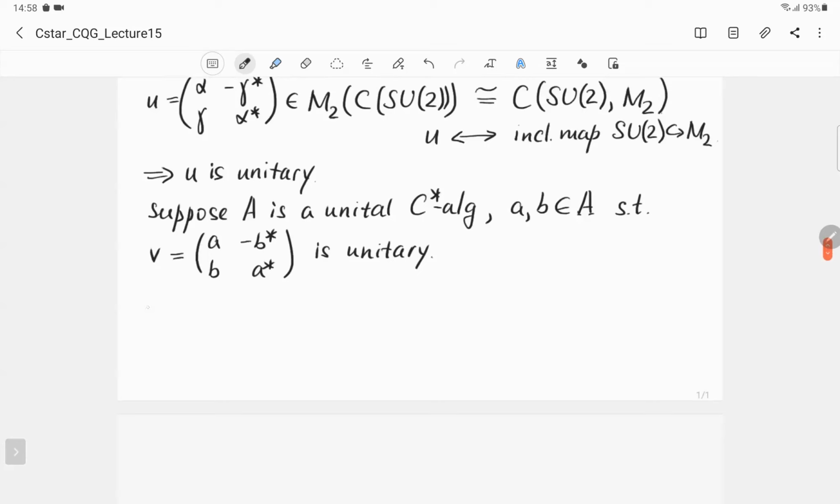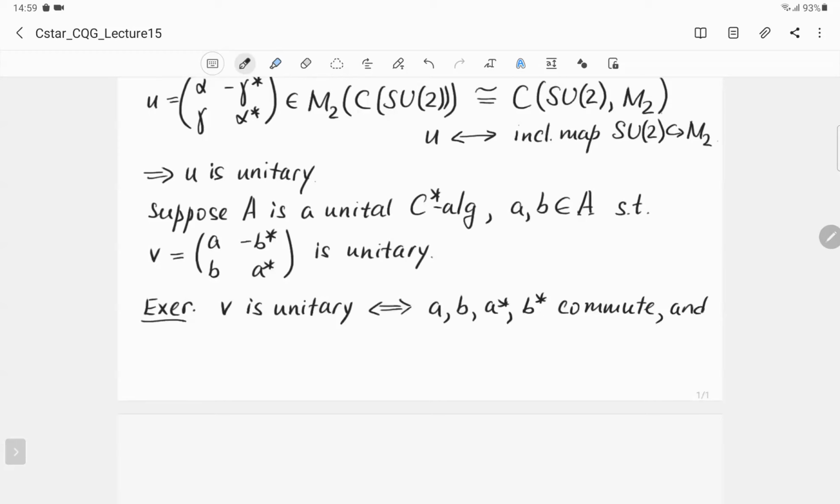The following is an elementary exercise. This matrix V is unitary. Explicitly, this means exactly that, first of all, the elements a, b, a star, and b star commute, and moreover, a star a plus b star b is 1.